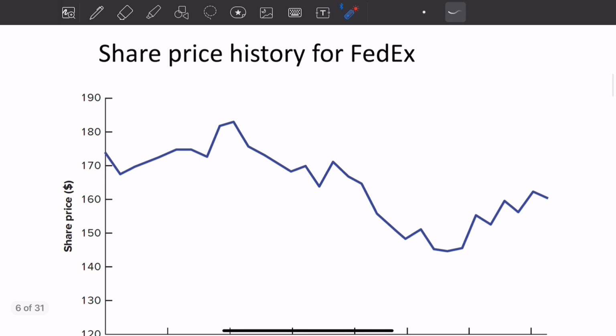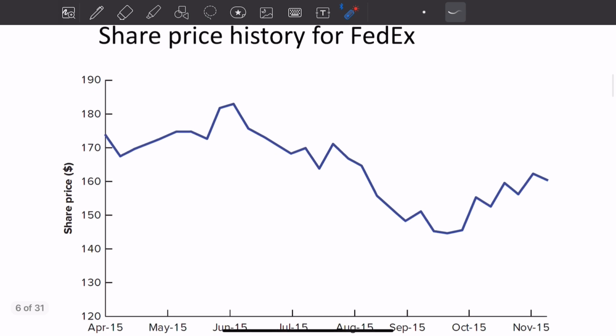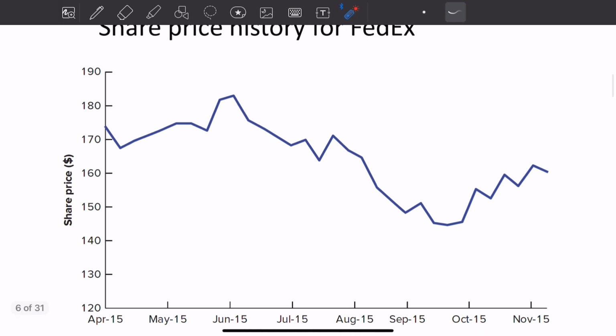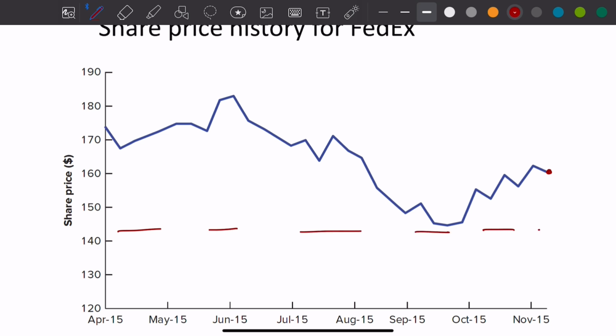Now here we have this chart that shows the share price history for FedEx. Just by the chart we can actually extrapolate a lot of very important information about the stock. We could see, for example, the current price of the stock. We could see the range that the stock has moved in over the period that the chart covers.